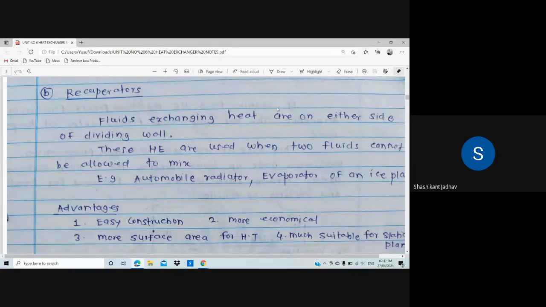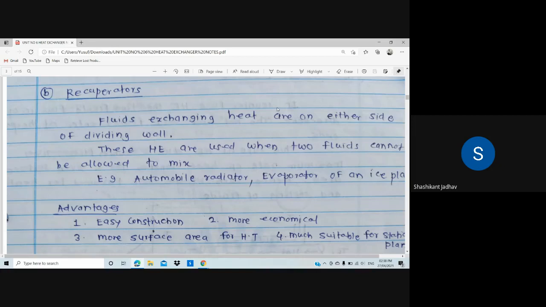Okay, then write down the advantages of this recuperator type of heat exchanger. Advantages, write down. First advantage, that is easy construction.